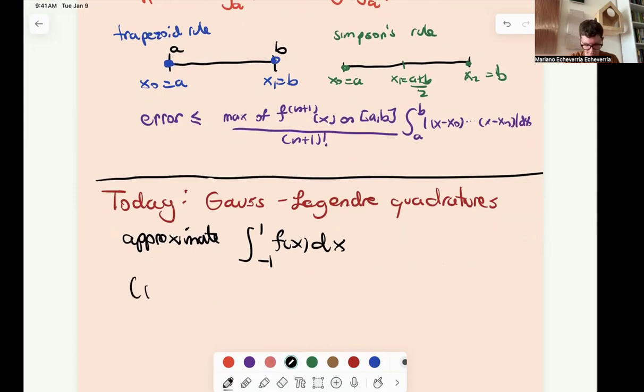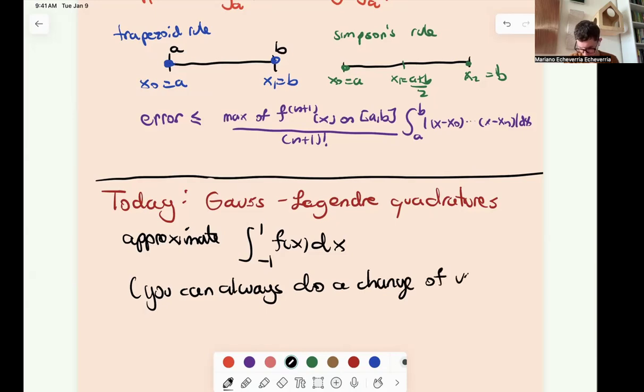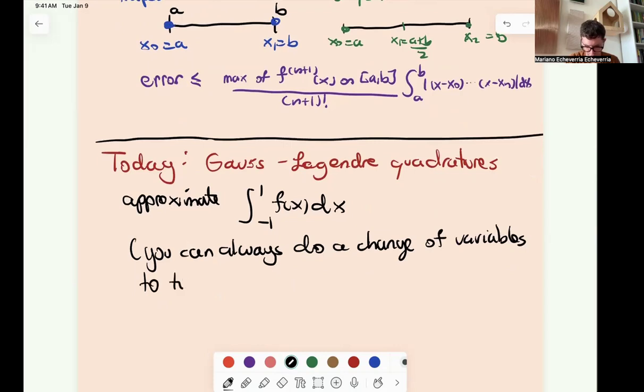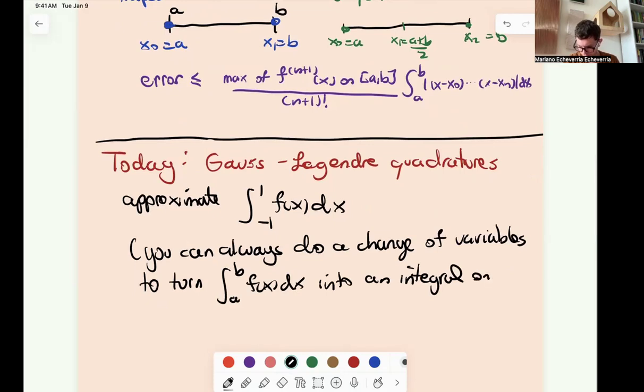You can always do a change of variables to turn the integral of f of x dx from a to b into an integral on the interval -1, 1.